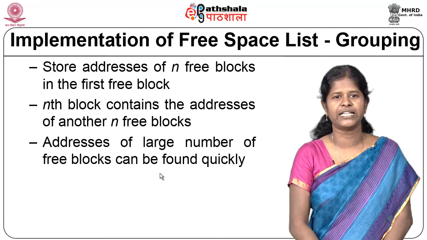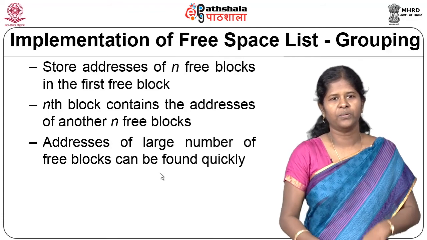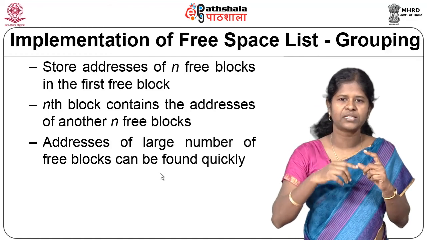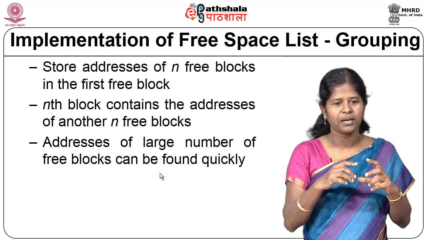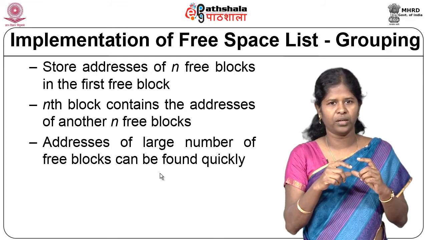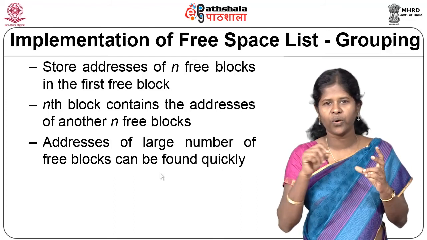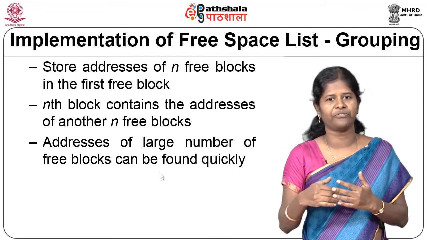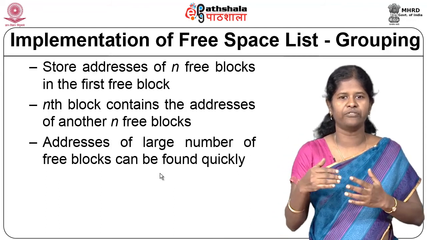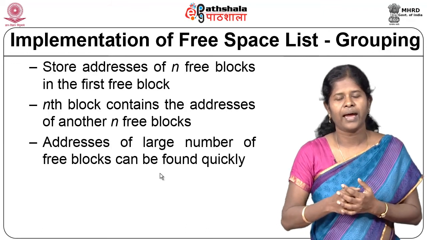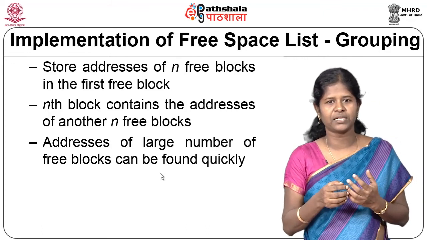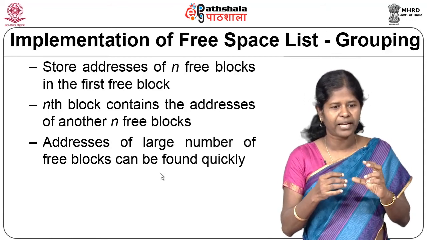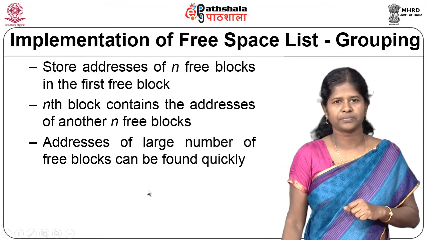If this block becomes full, it points to another free block, which in turn has the addresses of another set of free disk blocks. The advantage is that a large number of free blocks can be found quickly by looking into one disk block.